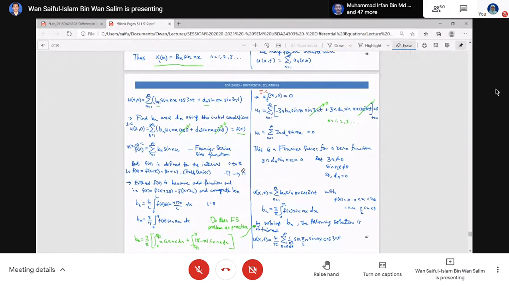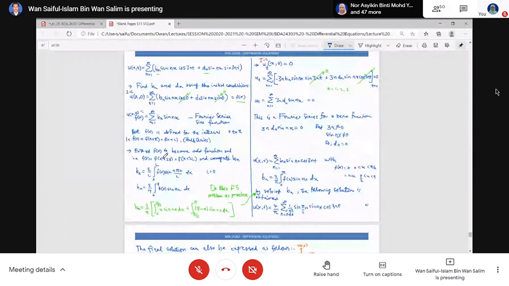But we only have 0 to pi. And therefore, this becomes a half series range. So you use a half series solution. So a half series solution is the same method, but b sub n is equal to 2 over L. Kalau full series is 1 over L. But this is half series, so we do b sub n equals to 2 over L, and then integrate between 0 to L.